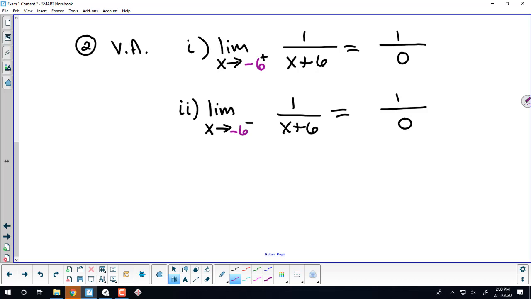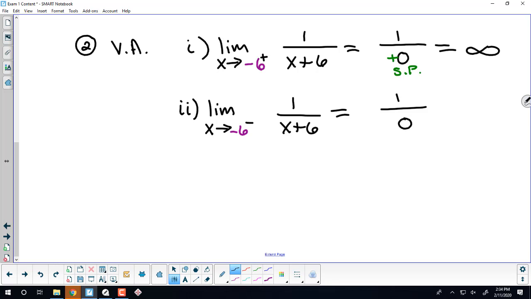You have numbers slightly larger than -6, and those numbers added to 6 are small positive numbers. If you want to indicate that the denominator is small and positive, however you want to denote that, please do something to that effect. So 1 over 0 as a limit gives us infinity. A positive over a positive gives us positive infinity.